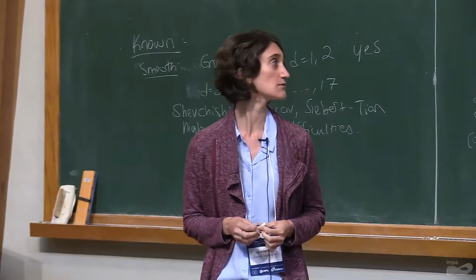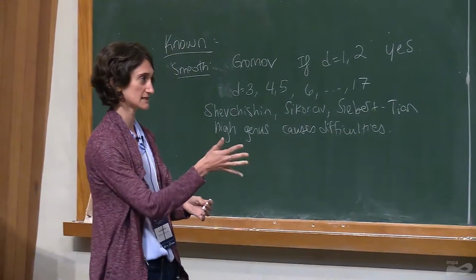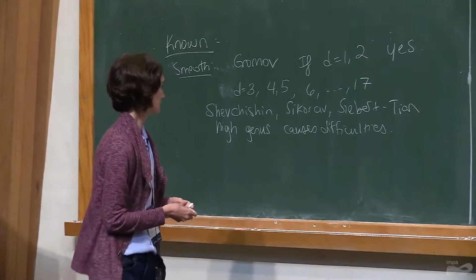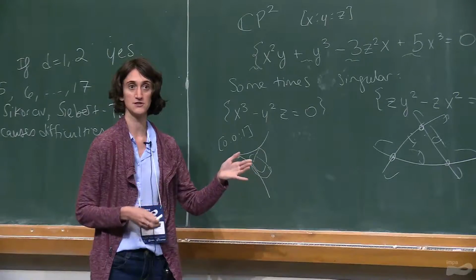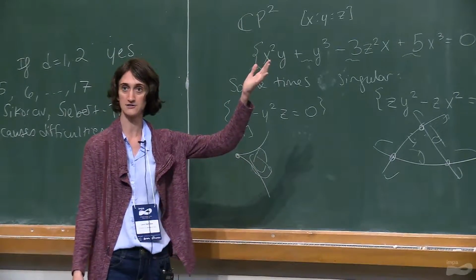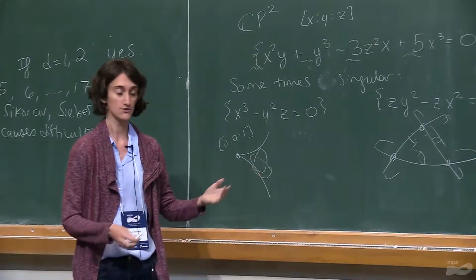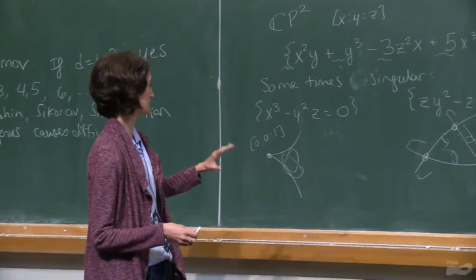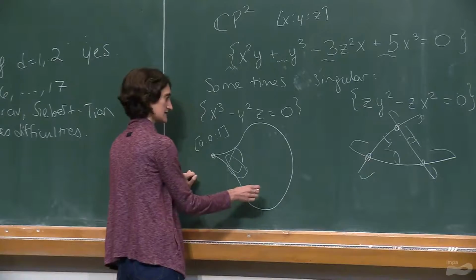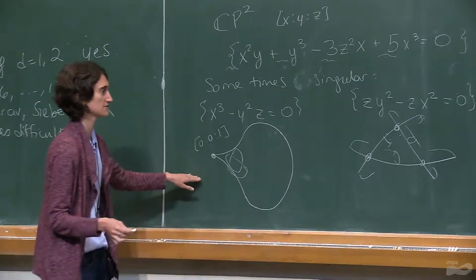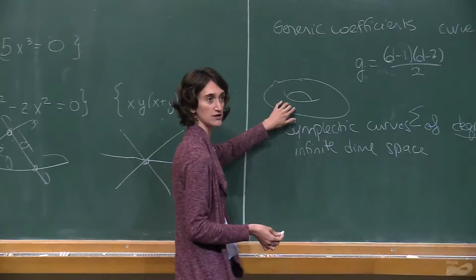So what I want to do is go in a different direction, the singular direction. And the advantage is that for singular curves, you can get to arbitrarily high degree without having high genus. So the singularities can kind of eat up the genus. You can see it even in degree 3. The smooth degree 3 curve is a torus, which has genus 1.